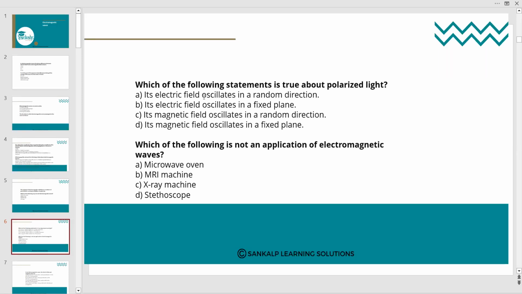Which is not true about the polarized light? In case of the electric field and the magnetic field, they are asking here. So see, the electric field oscillates in a random direction, in a fixed direction.